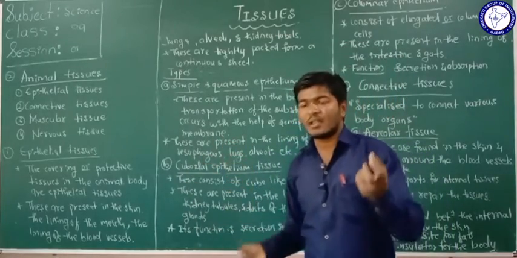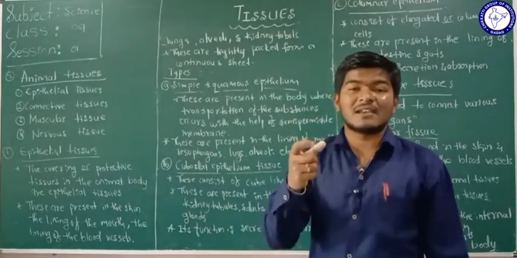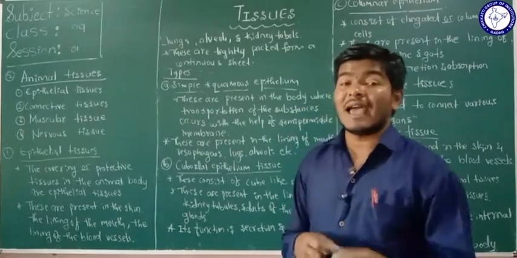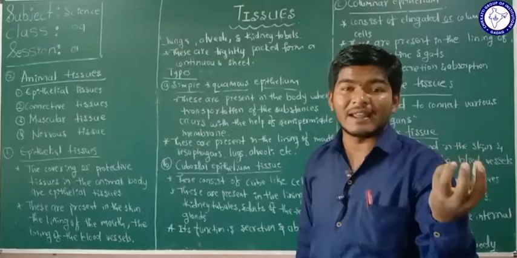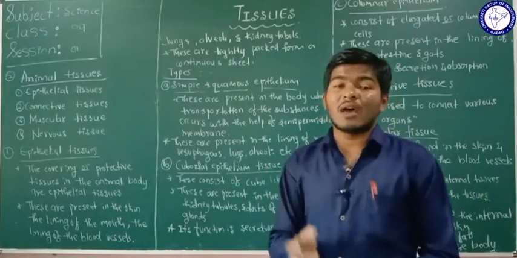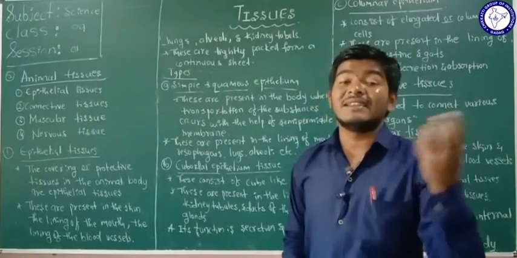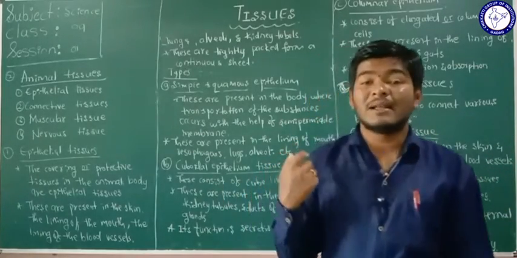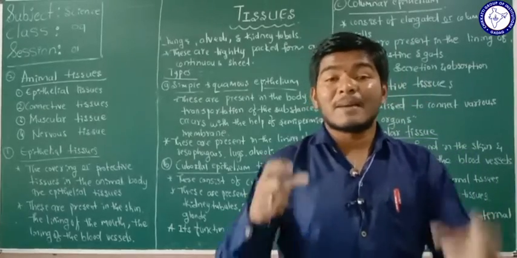But not all cells perform the same activities. Different types of cells perform different types of work. For example, consider the blood. It contains a number of cells.